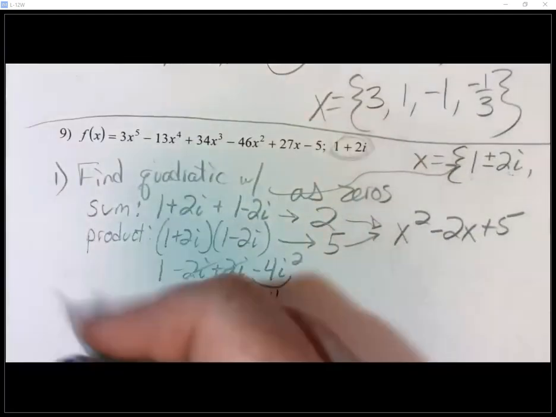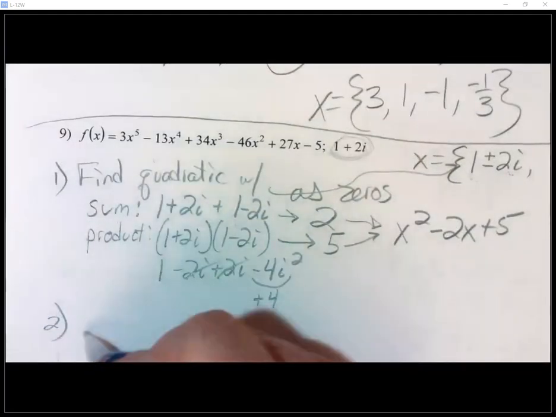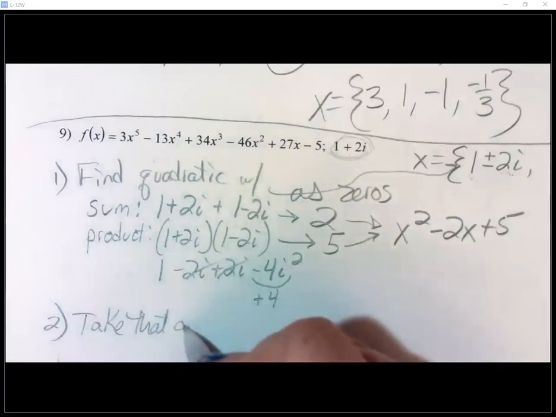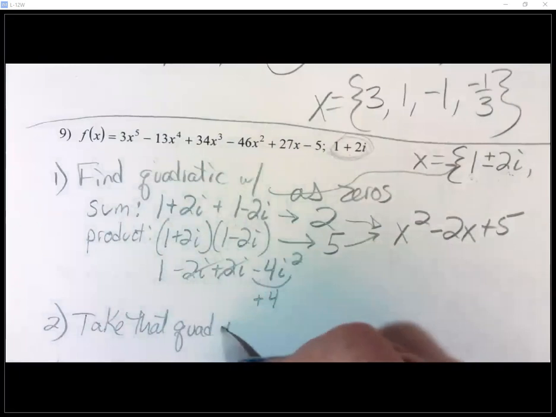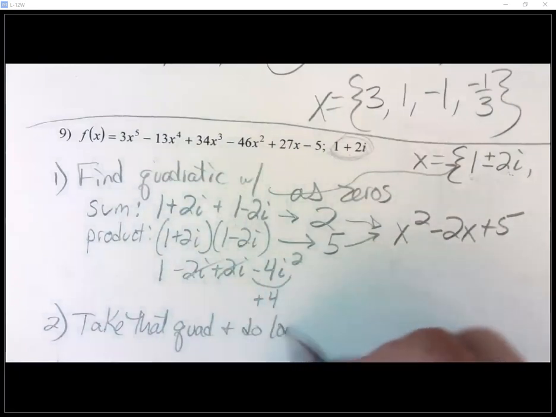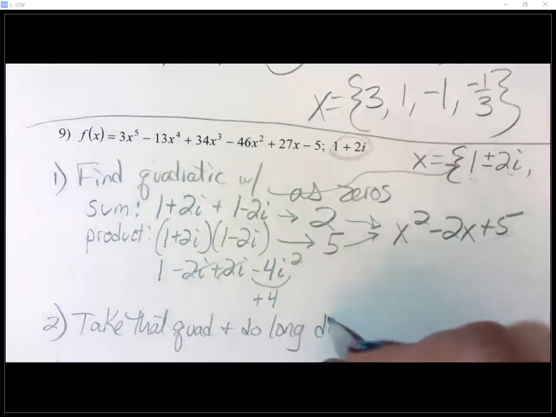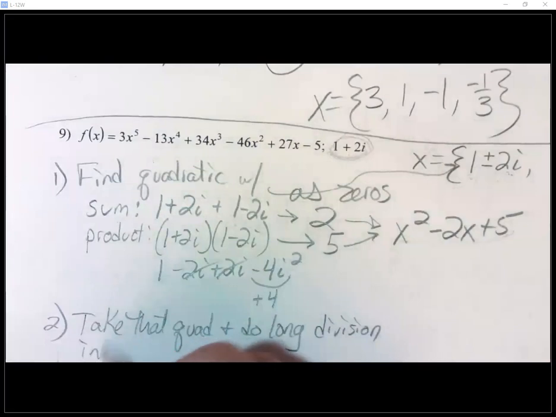Step 2, I'm going to take that quadratic and do long division. I can't do synthetic because it's not a binomial. Do long division into original.